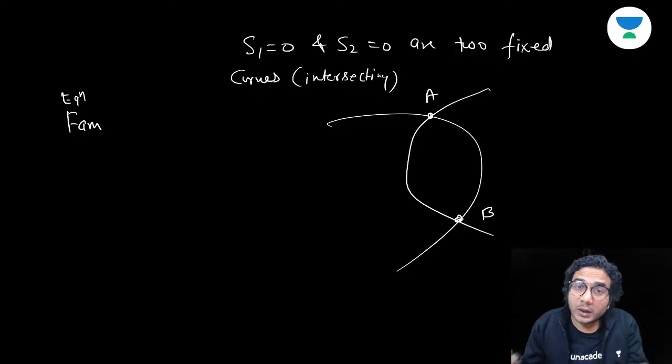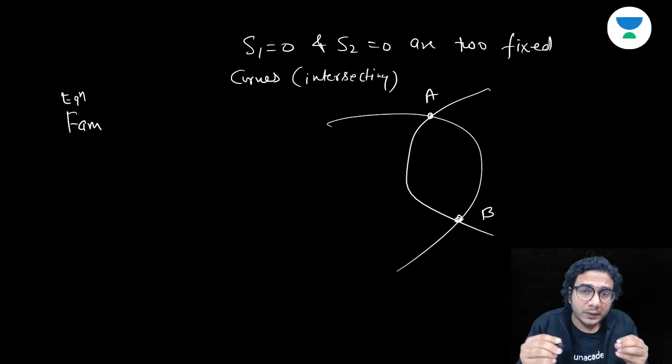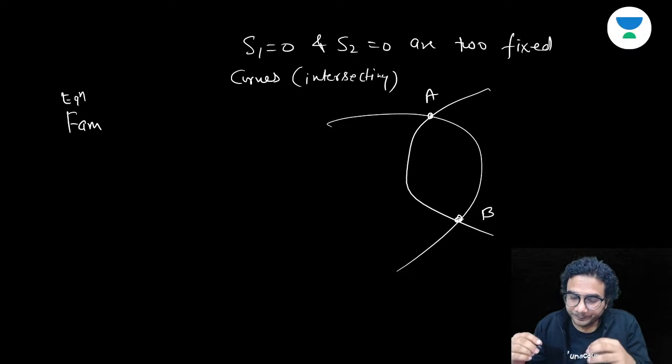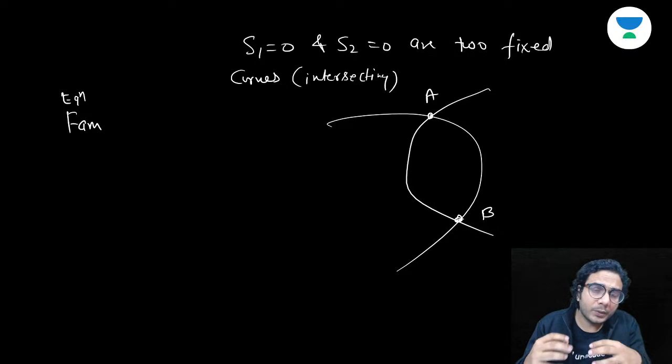So how do we write the equation of the family of curves passing through all the points of intersection of two given curves? How do we write the general equation of a curve passing through all the points of intersection of two given curves? This is what we are going to learn.